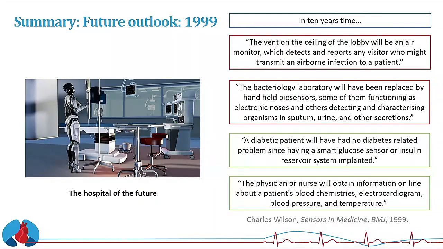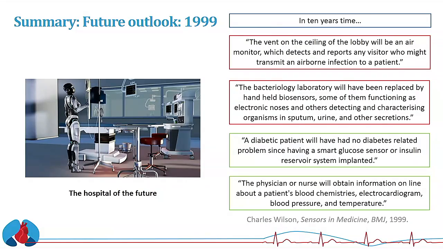A physician or nurse will obtain information online about a patient's blood chemistries, ECG, blood pressure and temperature. Well, actually, that's really becoming quite true. That's a huge step in the current medical landscape. It's all about having as much patient data online as possible, for all of the reasons I've mentioned before.